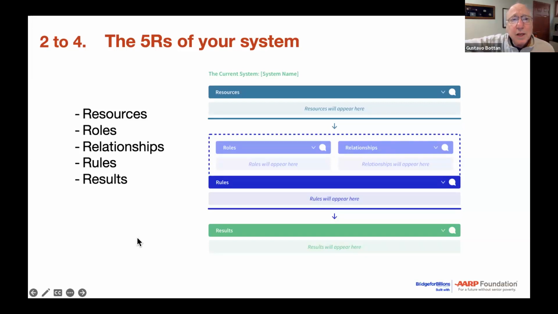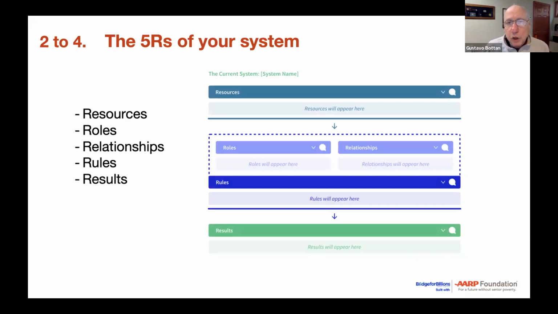No worries. Thank you. Okay, so continuing with what you find in the platform: these 5 R's. And again, these are the components that constitute a system according to the parlance and the theories in this social entrepreneurial world.